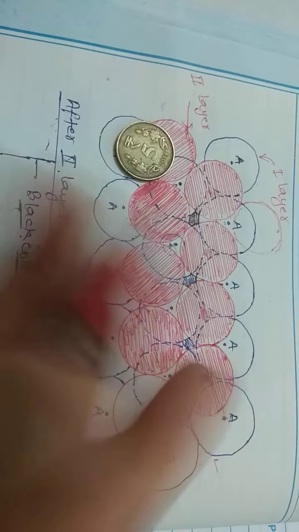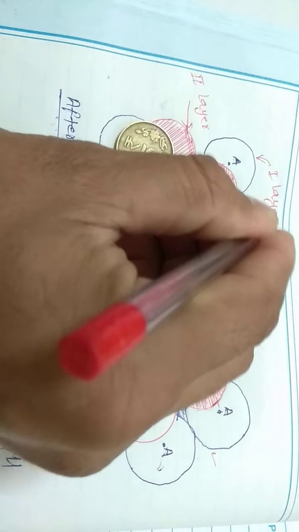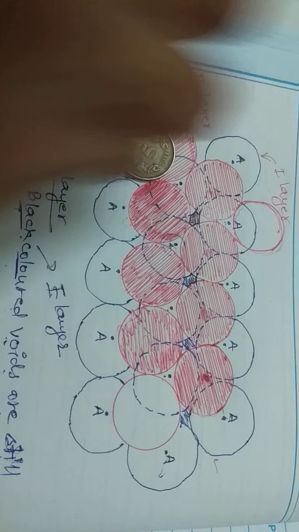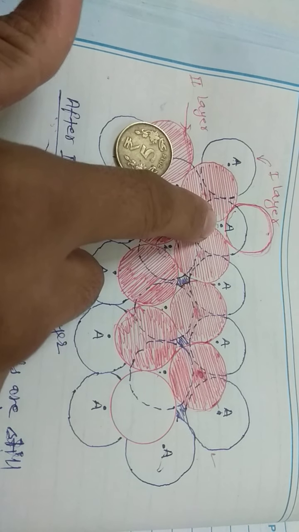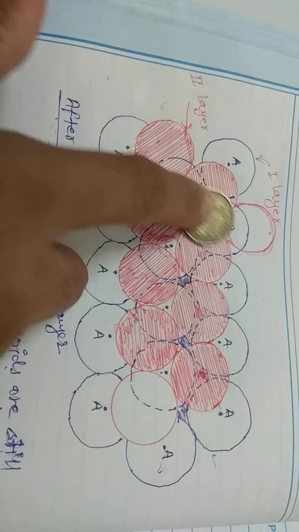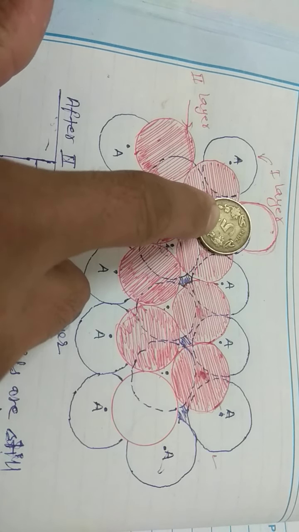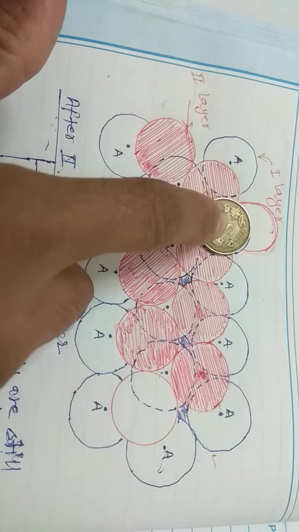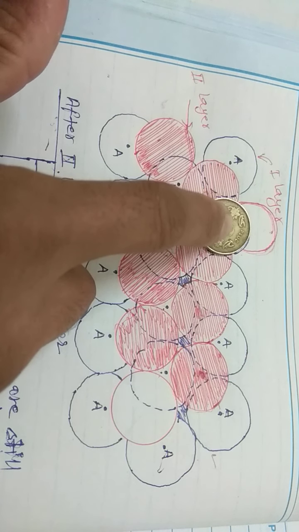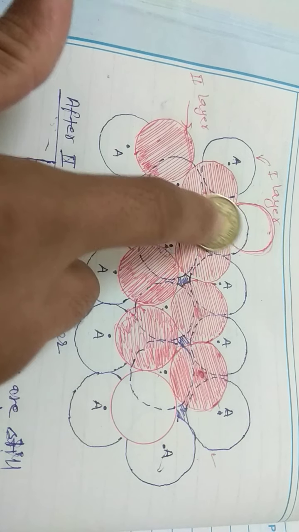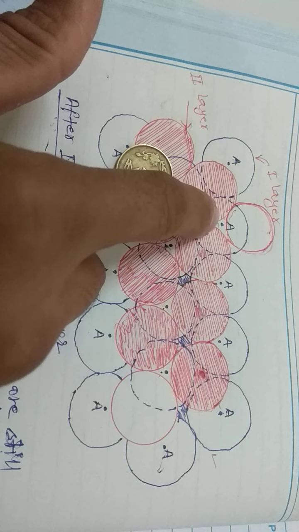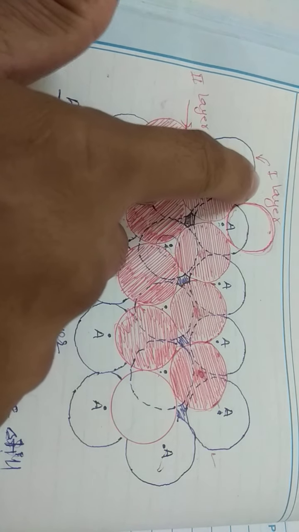This is a red colored particle. This particle is in the second layer. So class, this is the void now, and if you cover this in the third layer, then you can see this particle in the third layer will be just above the particle whose center is A, present in the first layer.